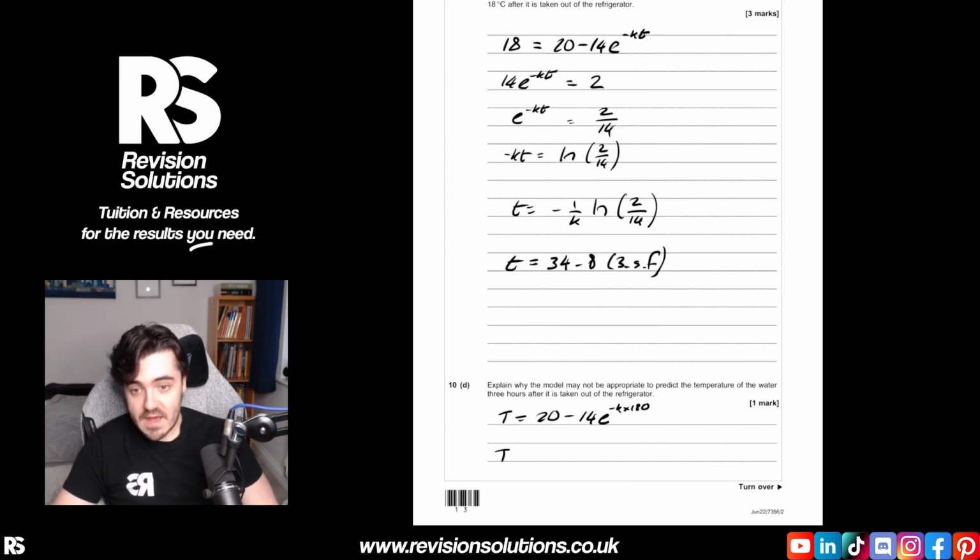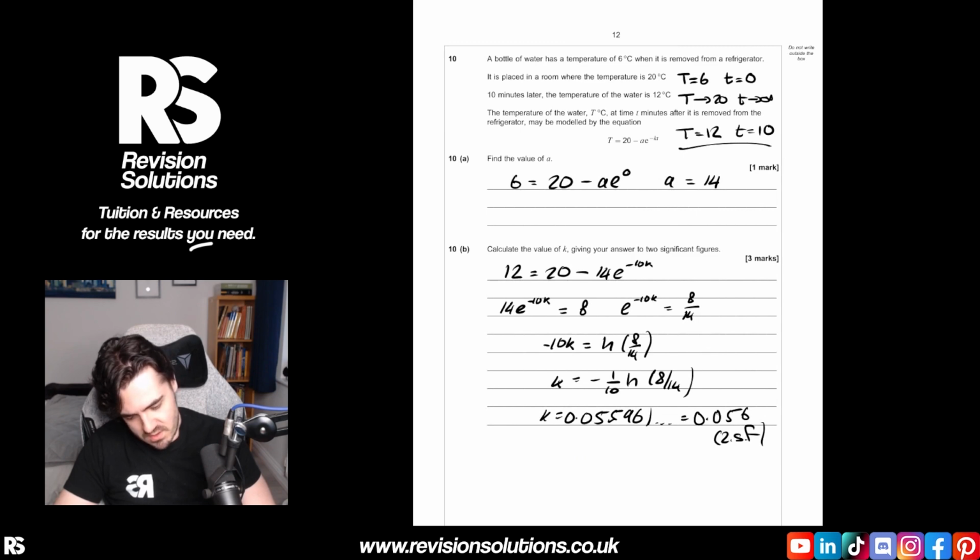So plugging that in the calculator, I do actually get a value quite close to 20 degrees centigrade. I get 19.999 degrees centigrade. So, I mean, that seems kind of reasonable, but perhaps something to consider is 3 hours after it was taken, maybe the temperature of the room might have changed.